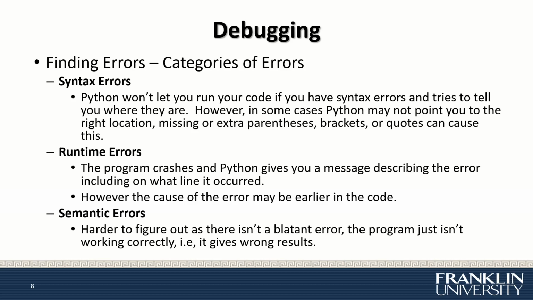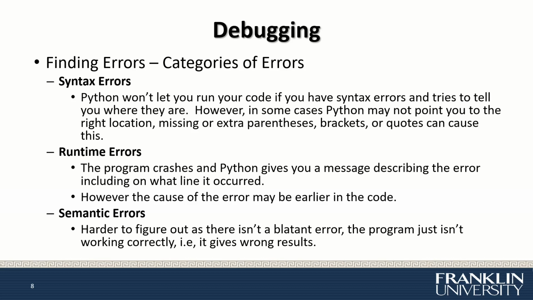And when you have a syntax error, the program will not run, which is good. You can find out where the error is and fix it. A runtime error is when the program crashes and Python gives you a message describing the error. I can tell you, like divide by zero, out of bound index, those are types of runtime error.